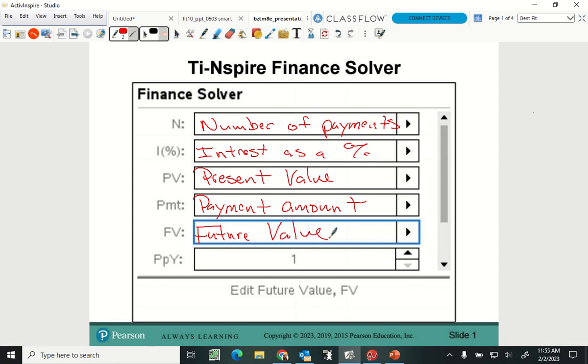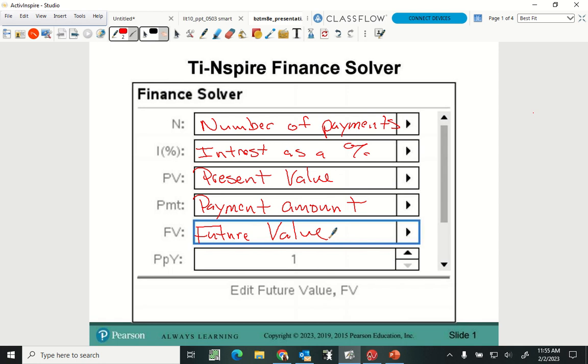Now, think about this. I'm going to borrow $1 million from Dougie. In that sense, I am going to have a negative $1 million, right? So what do I want my future value to be? Zero. Very good.